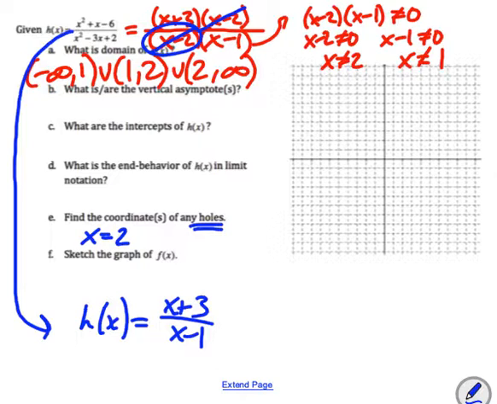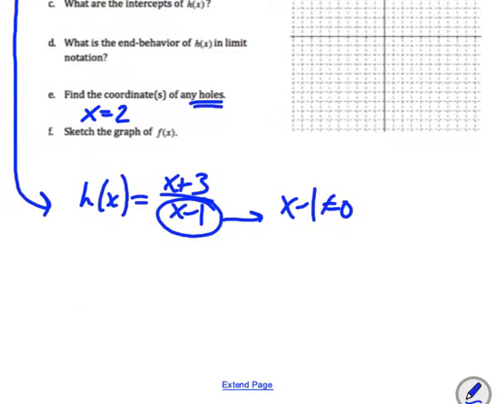The other one that does not simplify out of it becomes a vertical asymptote. So anything that still remains as part of the simplified function, in this case just the x minus 1 term, that's actually going to give us a vertical asymptote. Okay, so here we look at, well, x minus 1 is equal to 0, and so I don't want it to be equal to 0, and so x cannot be equal to 1.